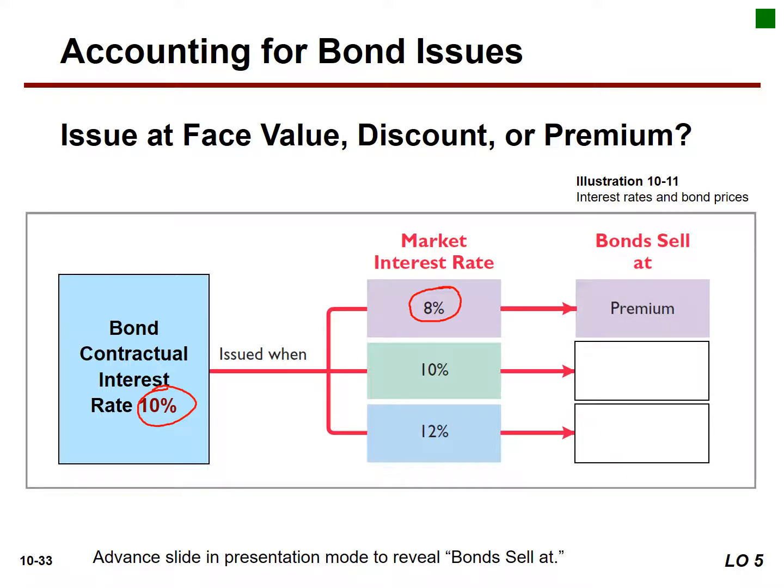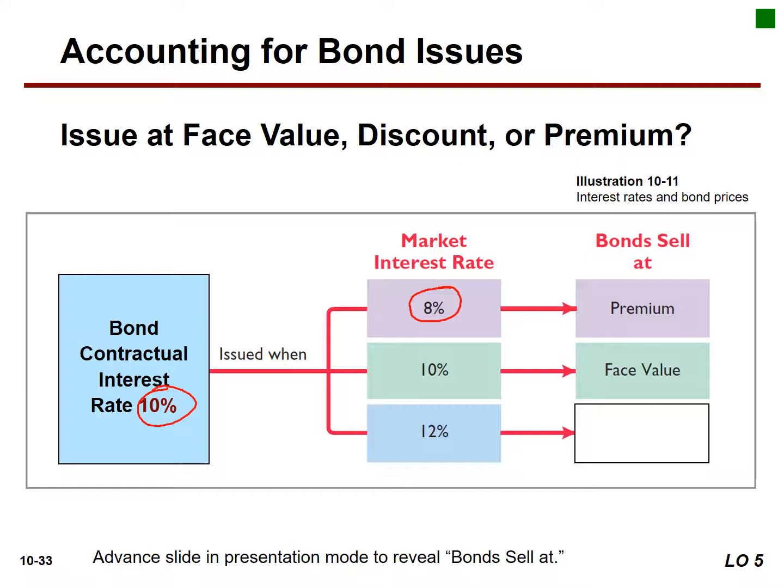So I'll be able to issue these bonds at a premium, at a higher price, because of this change in interest rates. If the current market interest rate is at 10%, which is equal to our contractual interest rate, I'll be able to sell these bonds at face value.